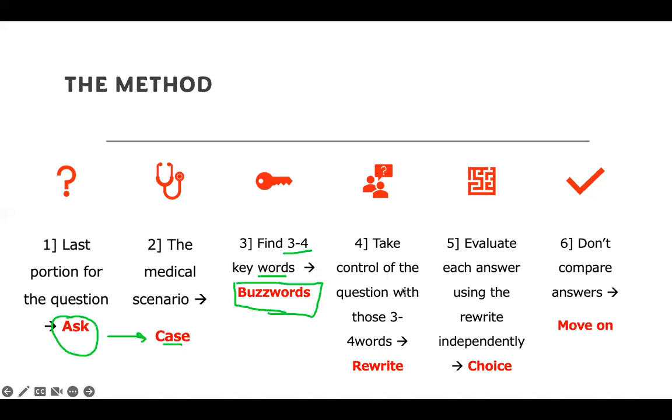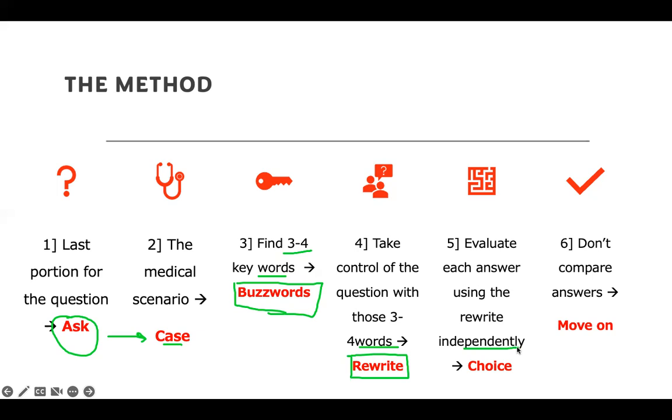Then take control of the question with those 3 to 4 words. Rewrite them. The 3 to 4 words, write them in a sentence, but don't put too many words in it. Then evaluate each answer using the rewrite independently. Every question is different. Every answer choice should be evaluated independently.